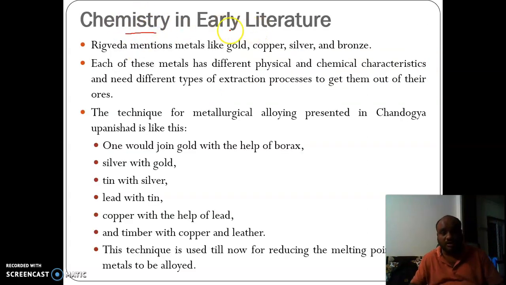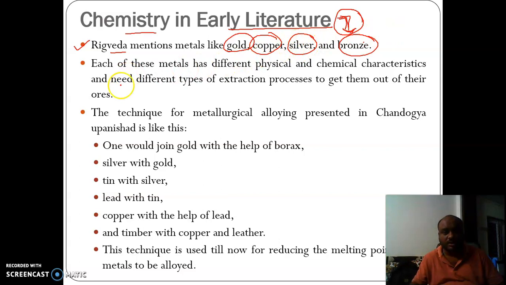chemistry in earlier literature. From our earlier Vedic literature, the chemistry details are summarized as follows. Rig Veda mentions metals like gold, copper, silver and bronze, which are treated as precious metals in the present day.